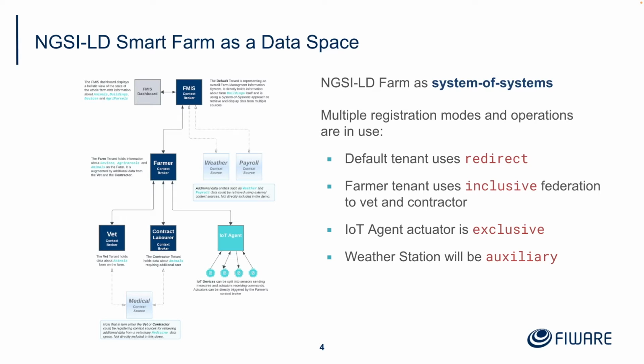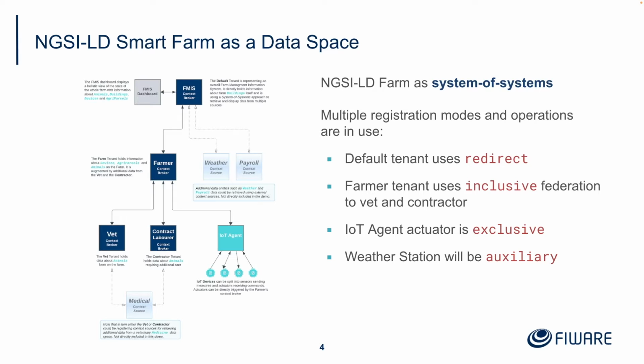Well, because the interfaces of NGSI are designed to return the data, whether it's held directly in the context broker or further down the hierarchy, it won't matter whether I've got that data in the vet or I've got the data in a medical veterinary system, which is further down the hierarchy. It will just give you back the data as required. Similarly, we could add in additional information to make better decisions, say the weather forecast or payroll information or whatever.